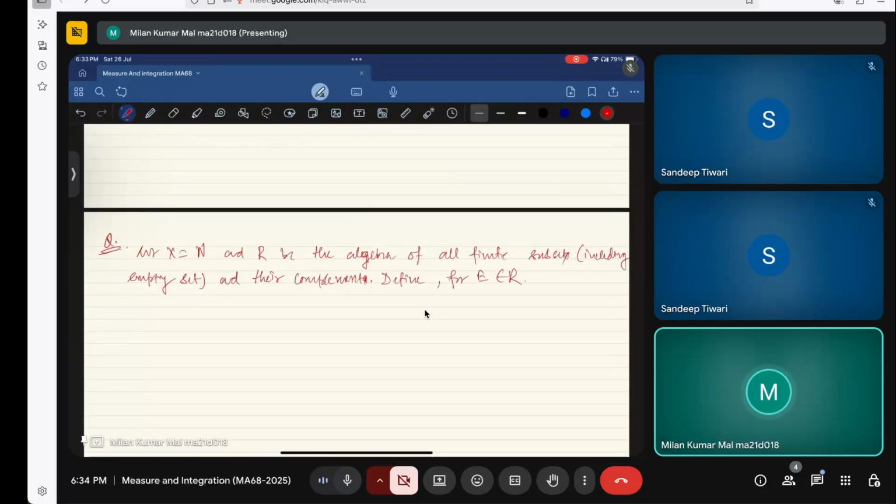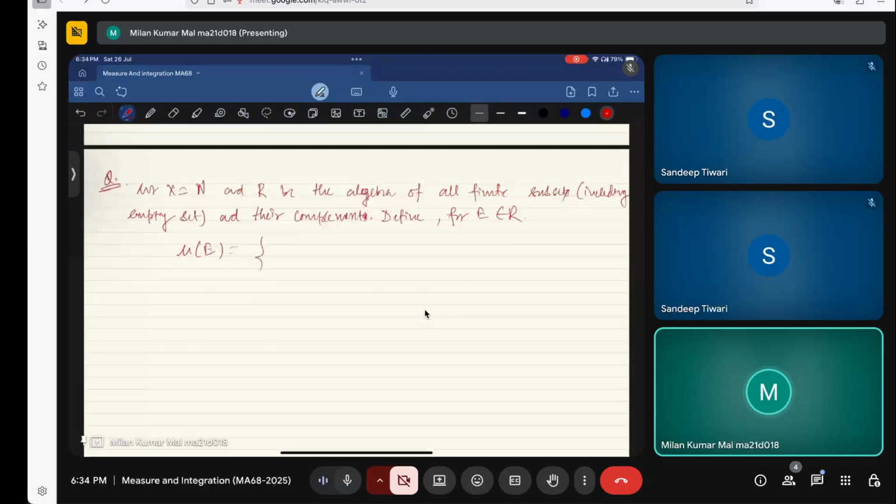The measure mu of E is defined to be plus infinity if E is an infinite set, and zero otherwise. So what it is saying is that X is the set of all natural numbers and R is taken as the collection of all finite subsets and their complements.